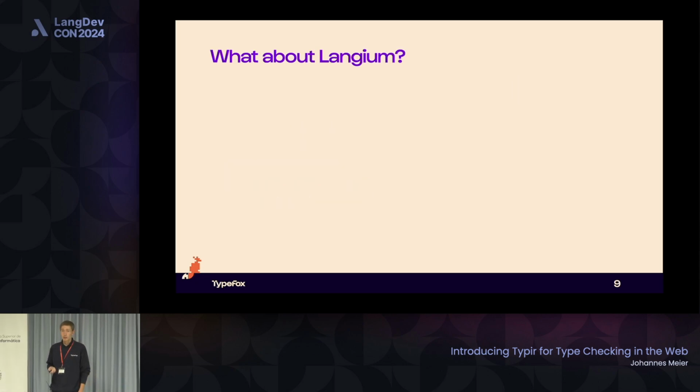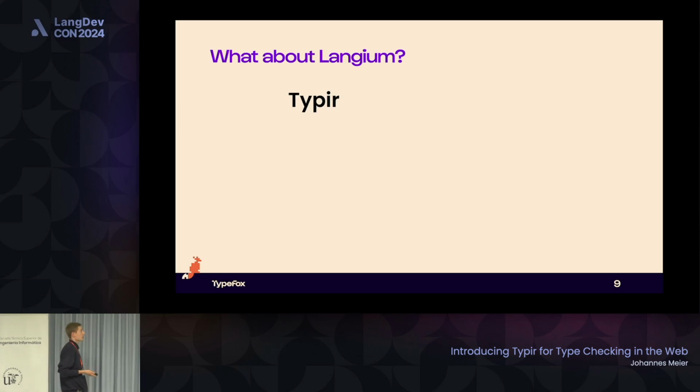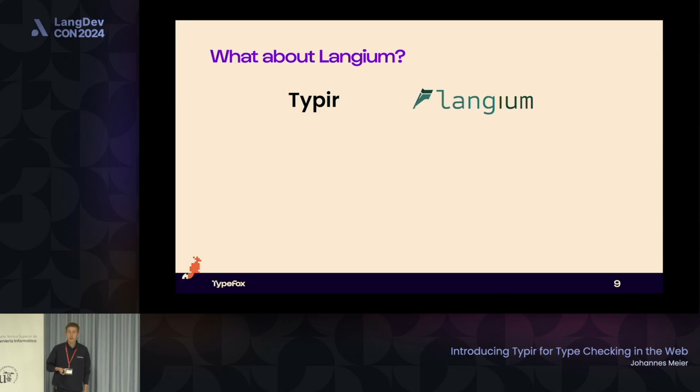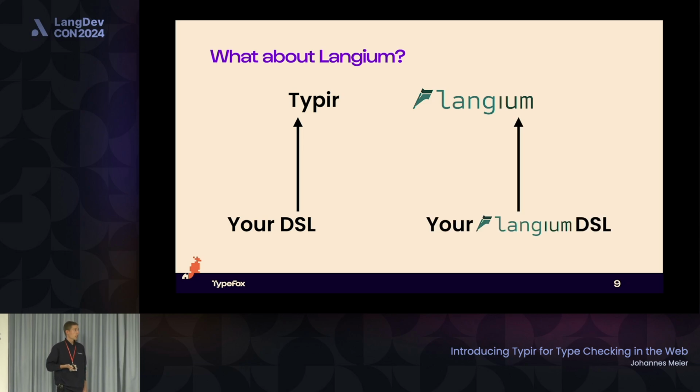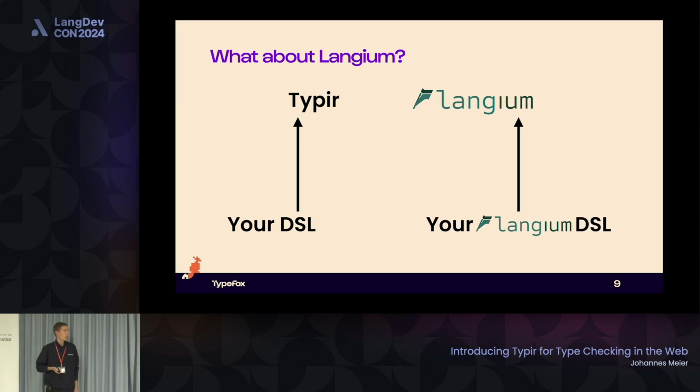You might wonder, okay, TypeFox is known for Langium, and we use it in combination, but Typir and Langium are independent from each other. There's no dependency between those. So if you have a DSL, you can use Typir for doing type checking. And if you have a Langium DSL, then of course you are using Langium.